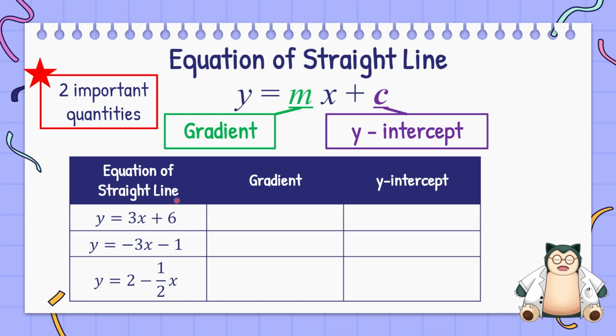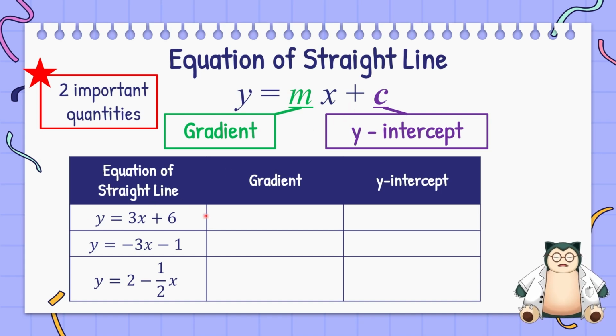Notice m, the gradient, is actually the coefficient of x, basically the number that is multiplied to x. And c, on the other hand, is just a constant number that is either added or subtracted in the equation. Is that clear? It can be positive, it can be negative, so be wary of that.